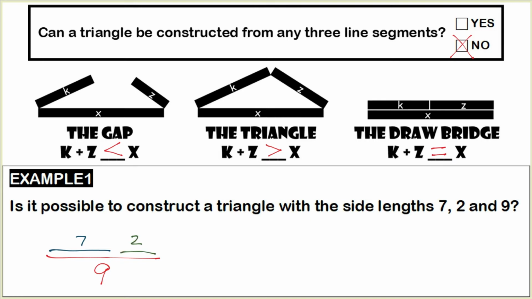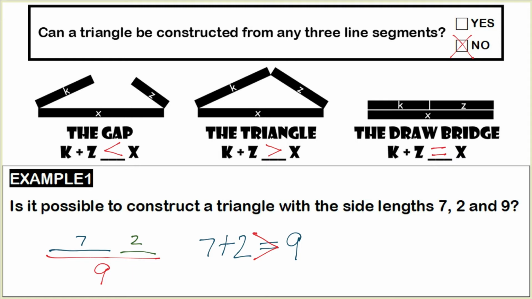And as you can see, if we add up the two shorter line segments, 7 plus 2, it will equal the longer line segment, which is 9. And in order to form a triangle, we need 7 plus 2 to be greater than 9. But it's not, it's equal to 9.